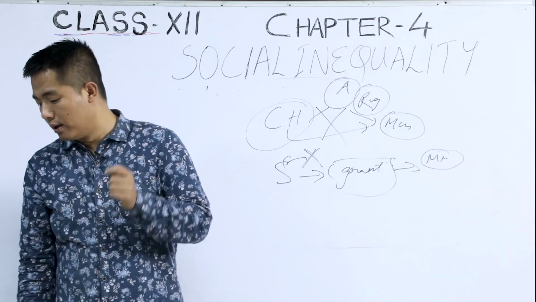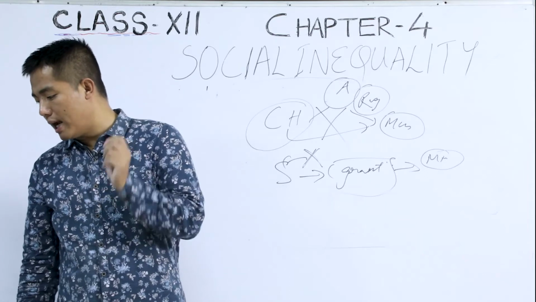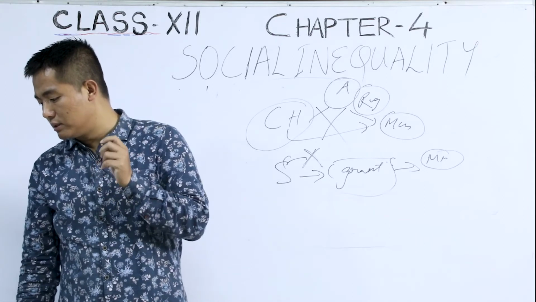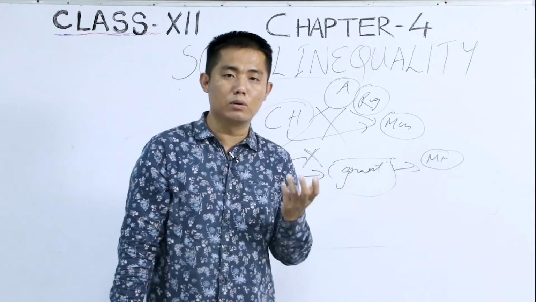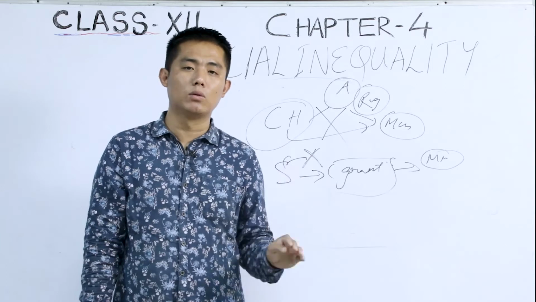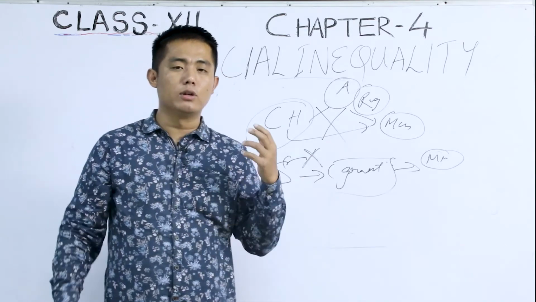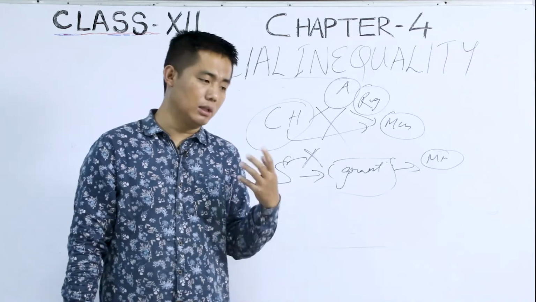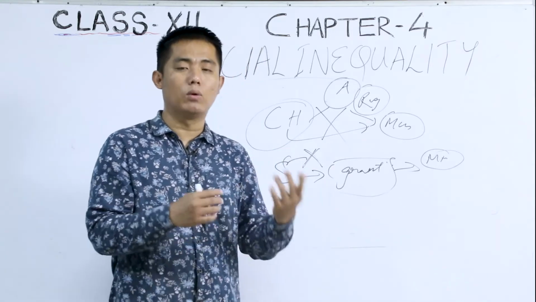The next is Article 350A. It says to provide adequate facilities for instruction in the mother tongue. When a child from a minority group comes to school and does not know how to speak English, the Constitution of India has given teachers the right to instruct those students in their own mother tongue.